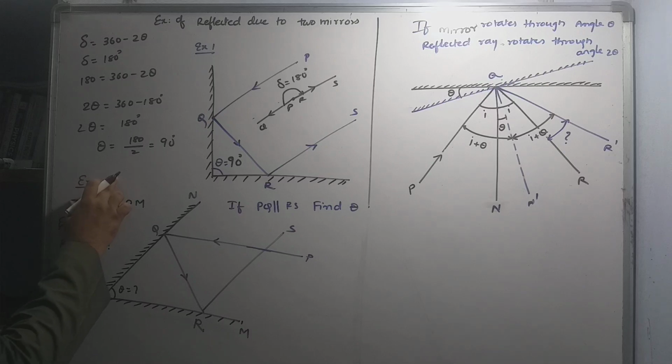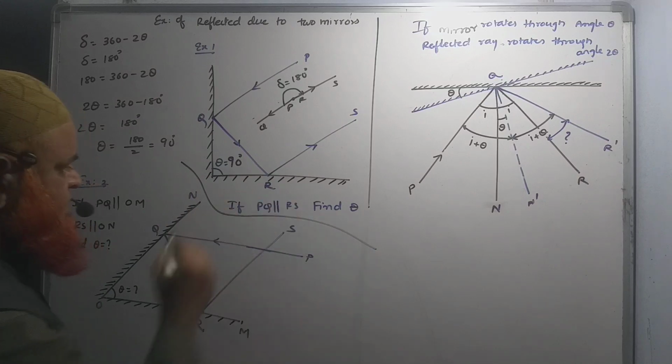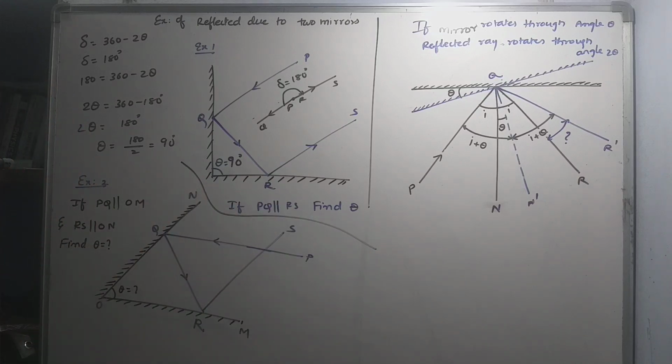Then what is the next example which I am going to discuss here? I am considering one mirror OM as well as one mirror ON. This was the previous problem. Now the second example: there are two mirrors making a certain angle theta. What is this angle theta?